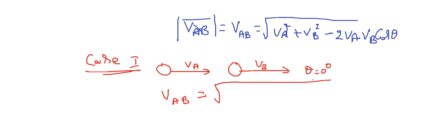So this becomes VA square plus VB square minus 2 VA VB cos 0. What is the value of cos 0? Cos 0 is nothing but 1.